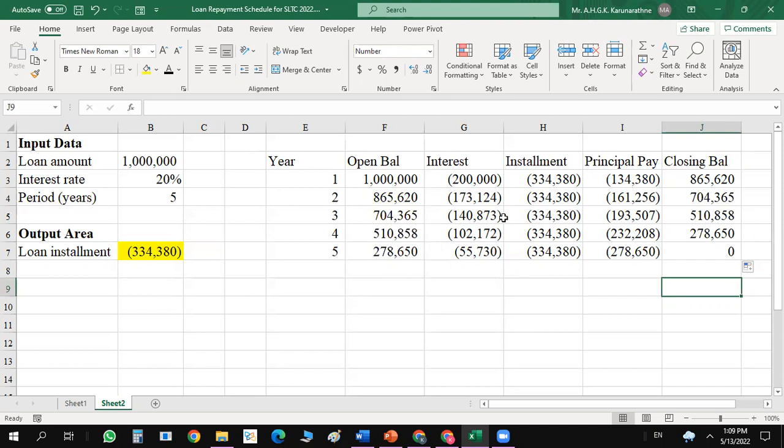Now, what if you want to repay the loan on a monthly basis? So this is if the loan is repaid on an annual basis. If you want to repay monthly, then let's go to this PMT formula and extend.